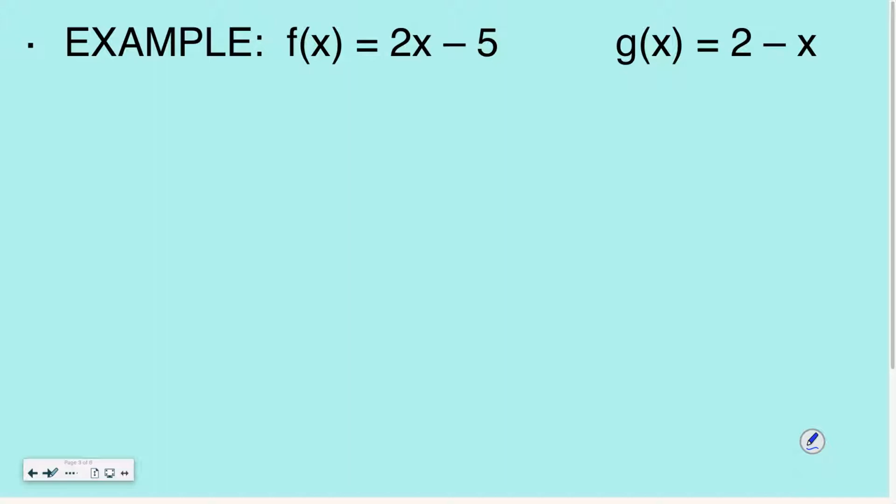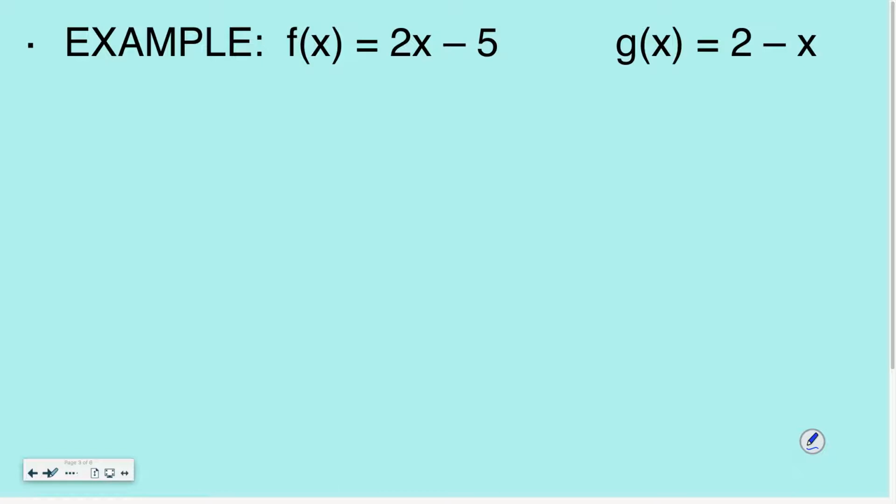Go ahead and write down these 2 functions. What kind of functions are we working with?